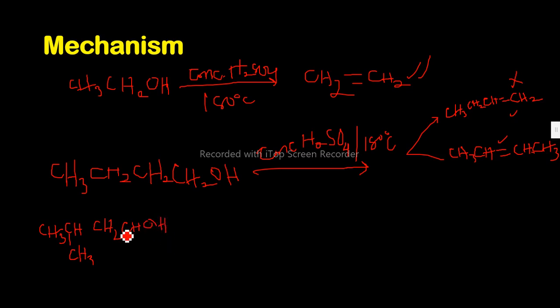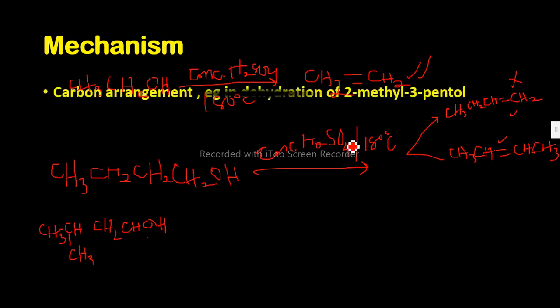Is this one going to bring out what we want? Let's use what is given. So this is 2-methyl pentan-3-ol. I think that is it. Yes, I got what I wanted.